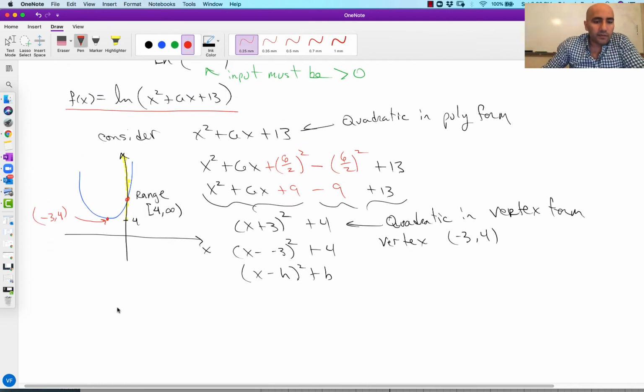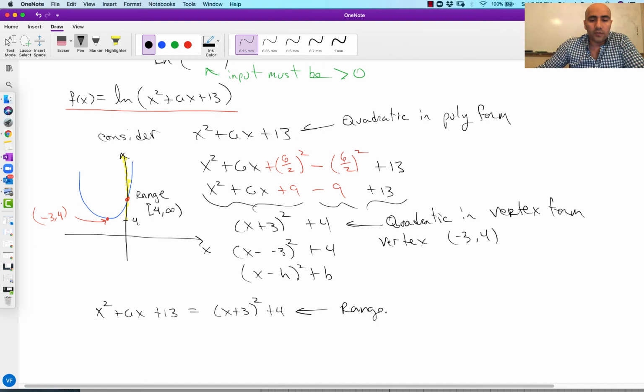Okay, so we can kind of organize that by saying x squared plus 6x plus 13 is equal to (x plus 3) squared plus 4. And we know this will always have positive outputs.